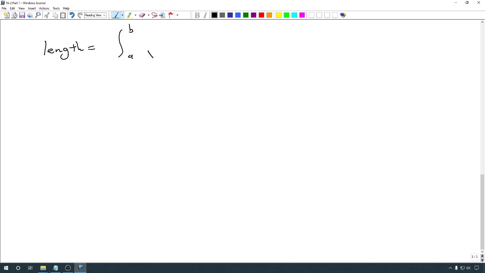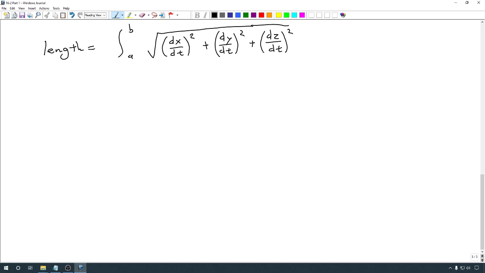We took the square root of the derivative of our x parameter with respect to t squared, and same thing with the y. Later, I think it was in chapter 12, we also extended that to 3 dimensions. We'd end up with an extra dz dt squared, integrated with respect to t.